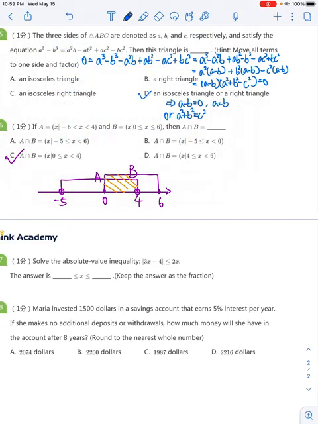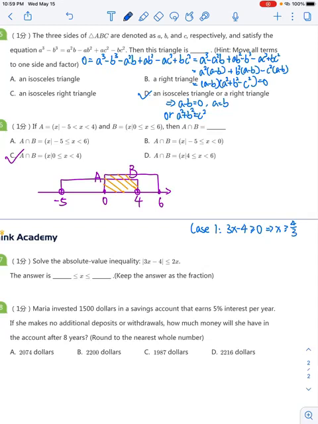The first case will be when 3x minus 4 is not negative. So case 1 will be when 3x minus 4 is non-negative, or is larger than or equal to 0, meaning that x will be larger than or equal to 4 over 3.